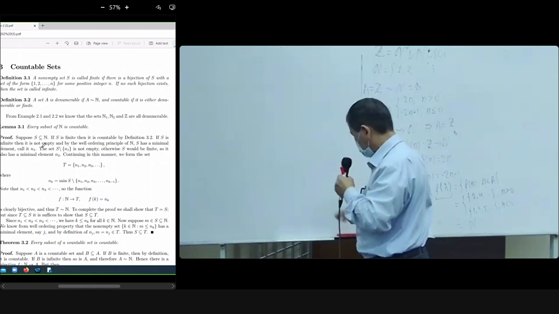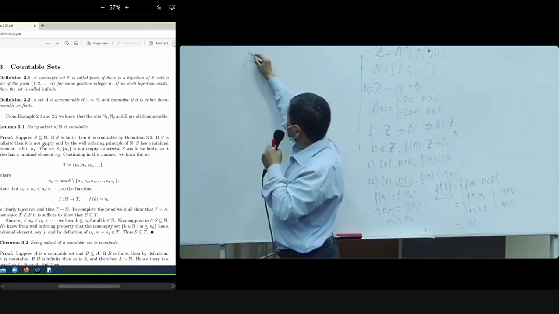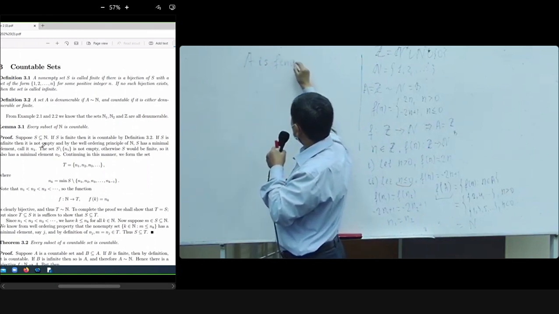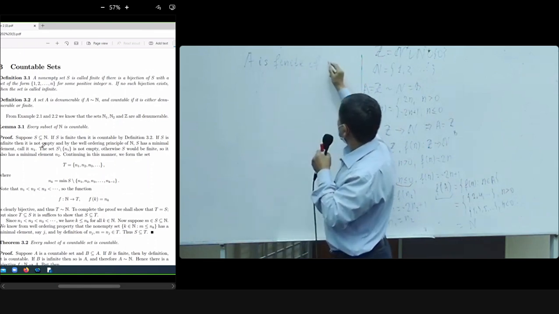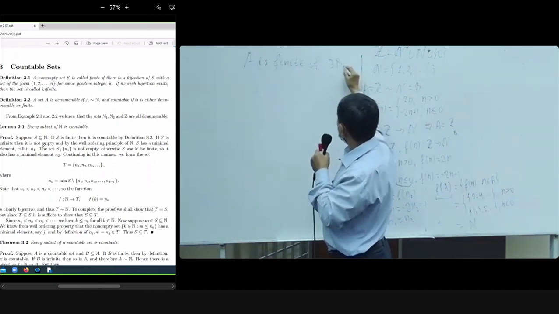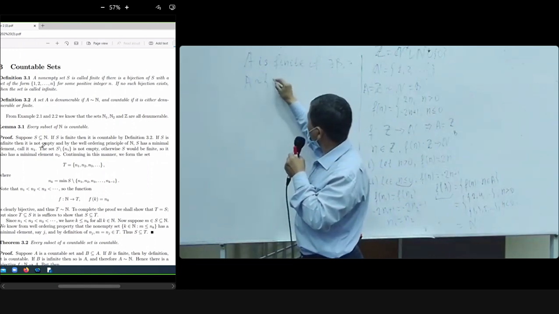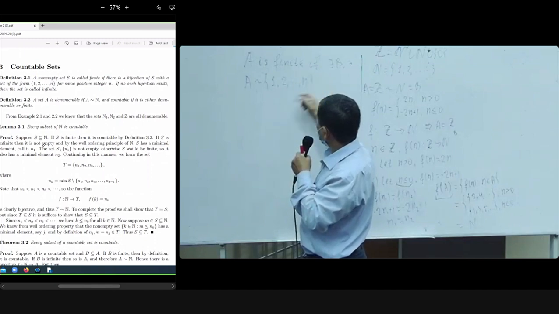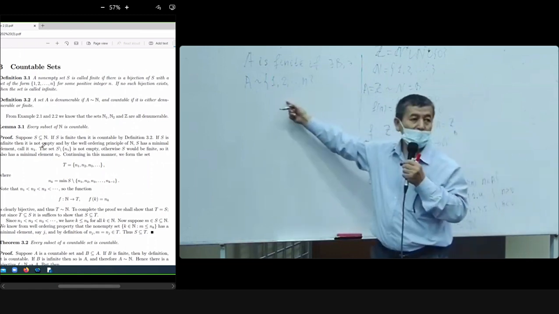See, we say set A is finite if there exists, for example, a set B such that this A is equivalent with this set 1, 2, and so on up to n, not infinite, a finite number set.